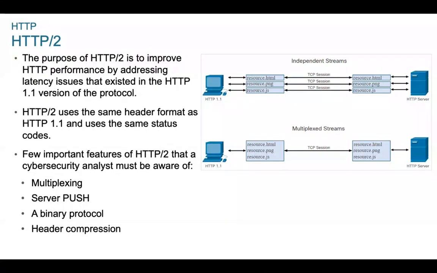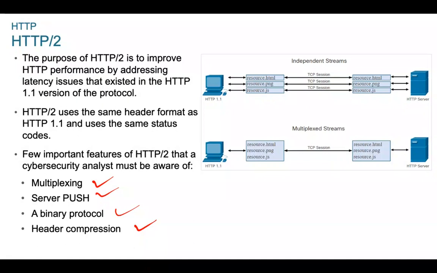It uses the same header format as version 1 and the same status codes. There are many important features of HTTP/2 that a cybersecurity analyst must be aware of: multiplexing, server push, a binary protocol and header compression. With multiplexing, HTTP servers and clients carry on a conversation called a stream for each transaction.